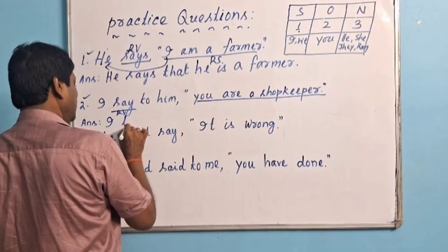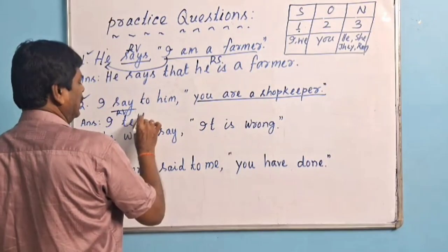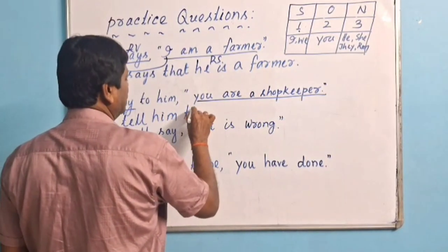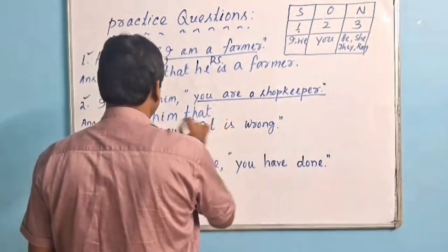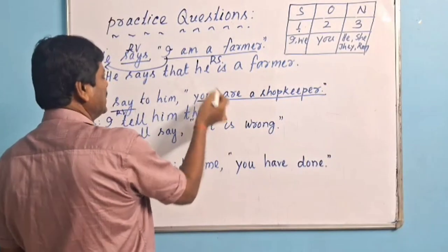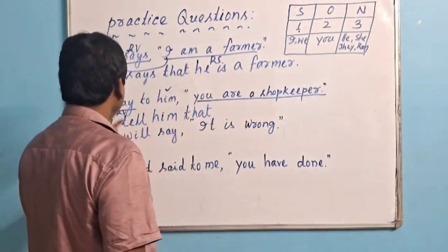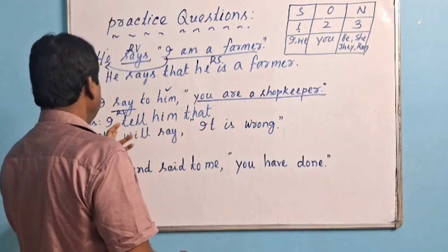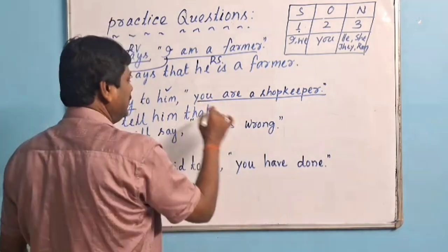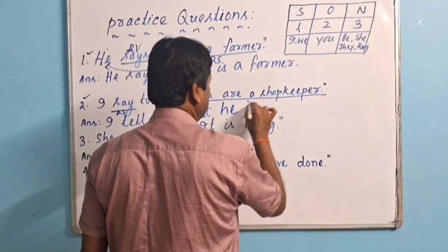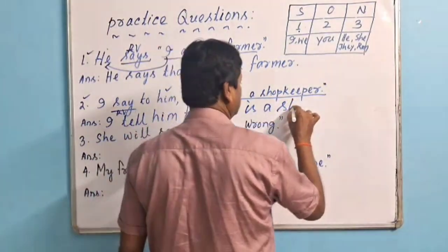I tell him, the joining word will be that. I tell him that, you will change according to him, so he. I tell him that he is a shopkeeper.